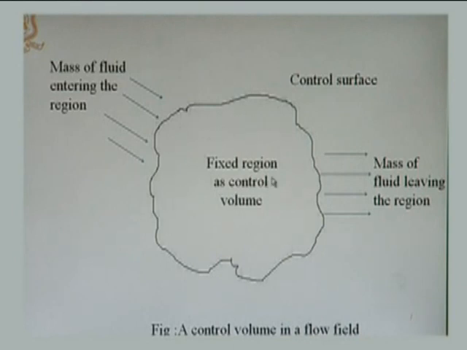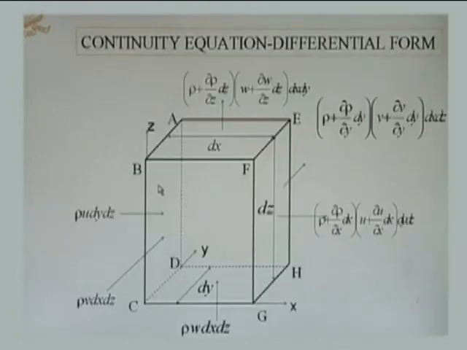This can be written on the basis of conservation of mass. Suppose this is a control volume region; mass is entering into this region and mass is leaving the region.